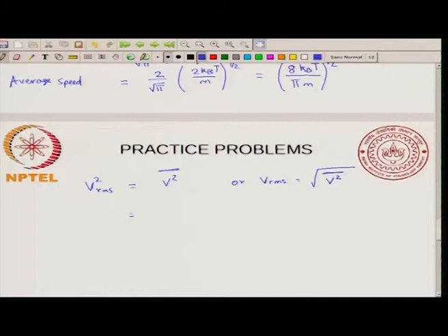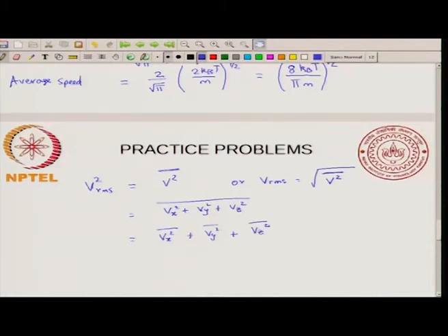This is nothing but the average of Vx square plus Vy square plus Vz square. I can write this as the average of Vx square plus the average of Vy square plus the average of Vz square.